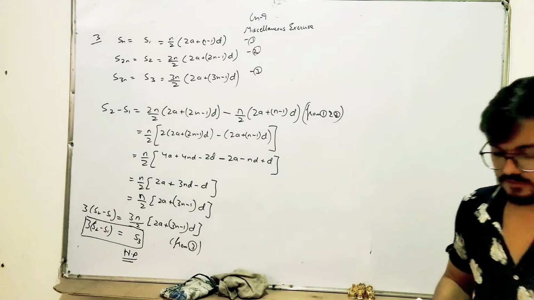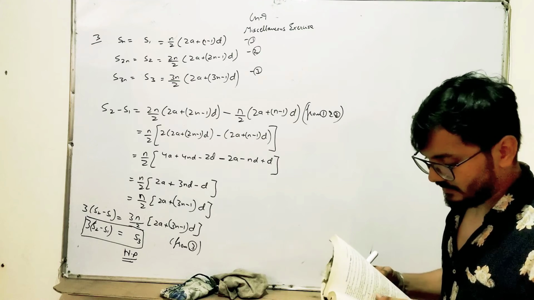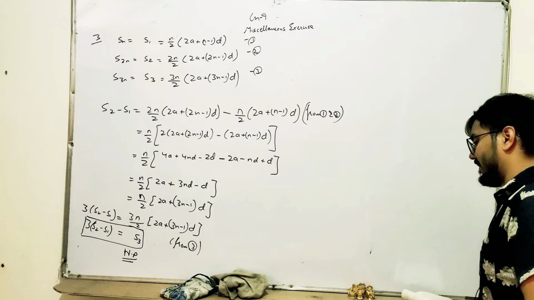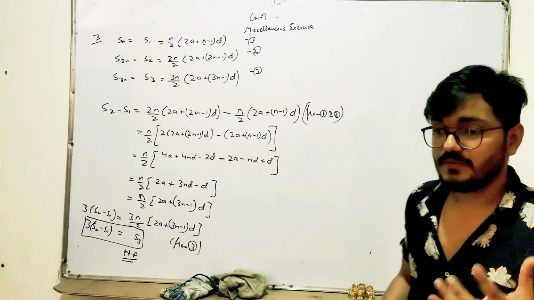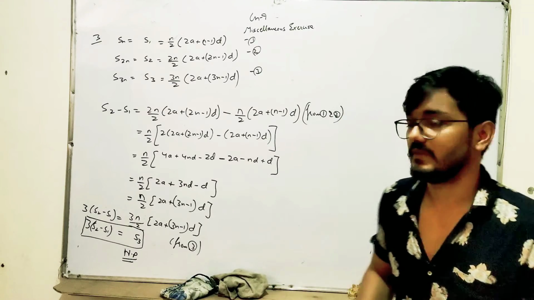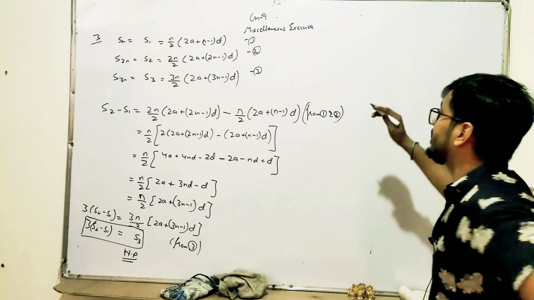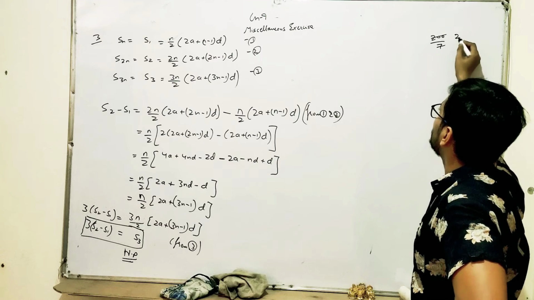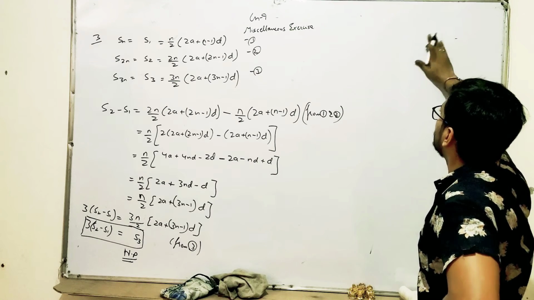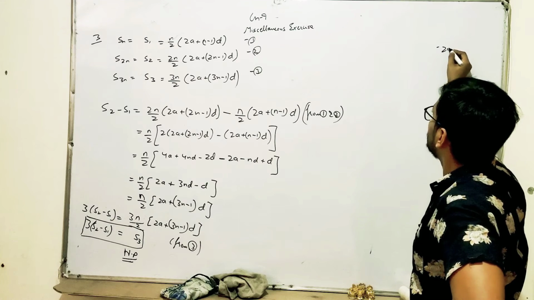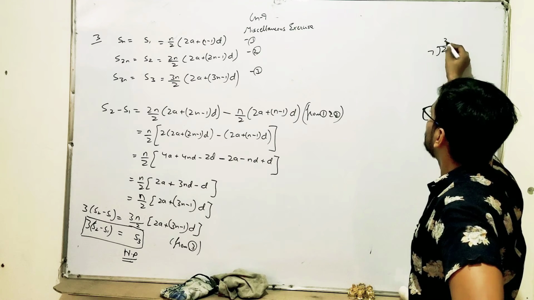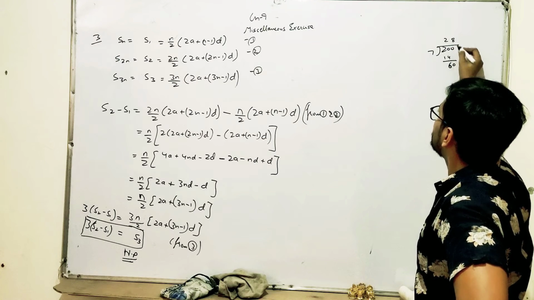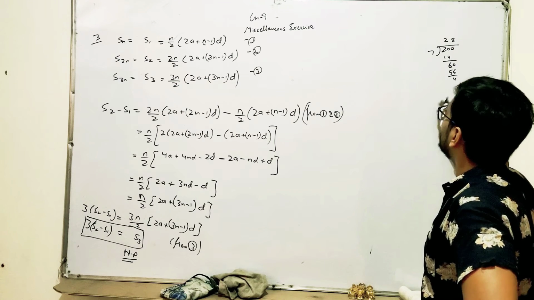Next we have question number 4. Find the sum of all numbers between 200 and 400 which are divisible by 7. So do it in this way: 200 divided by 7, 7 2s are 14, 60, 7 8s are 56, remainder 4, right?